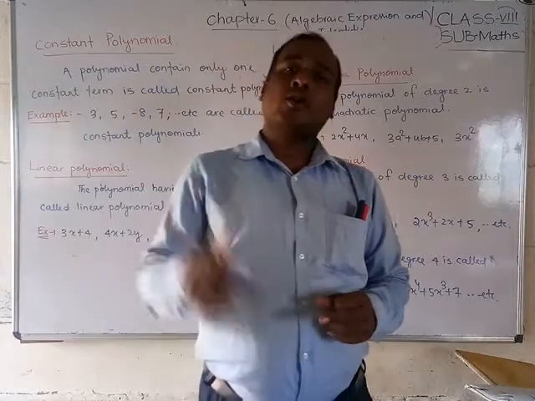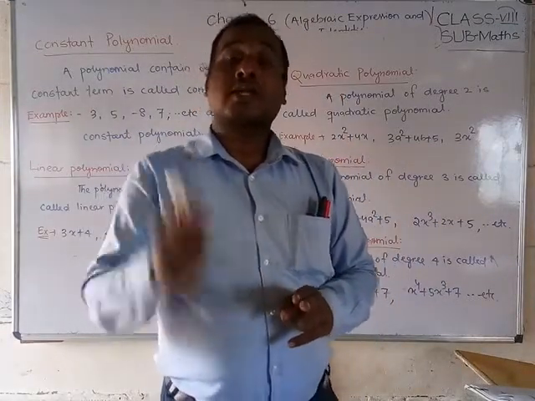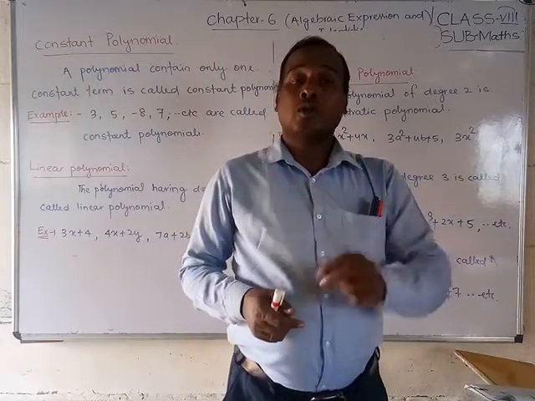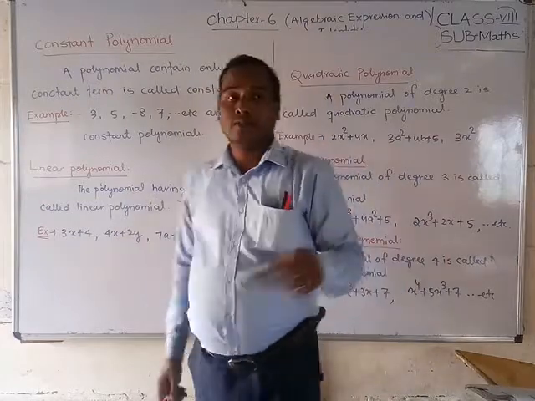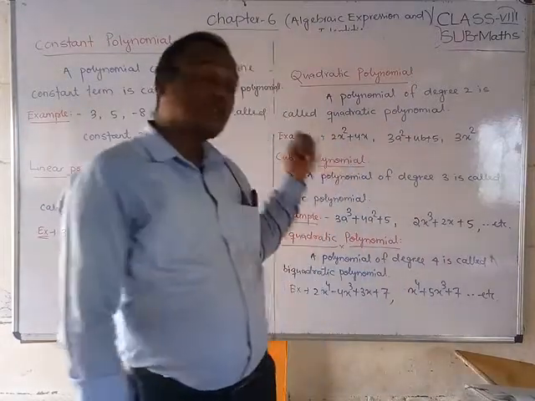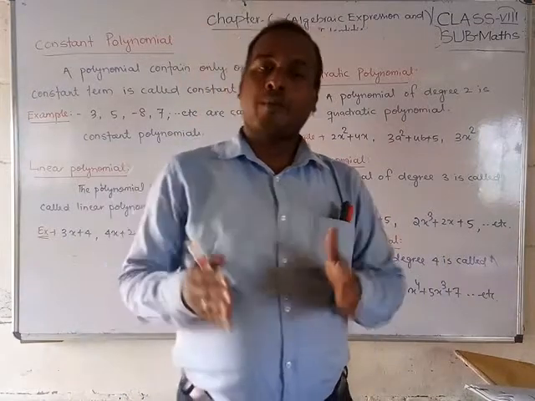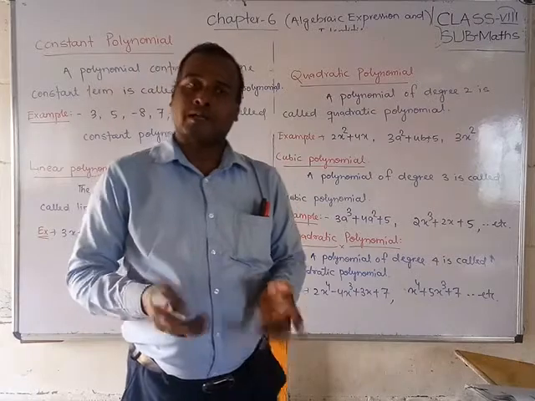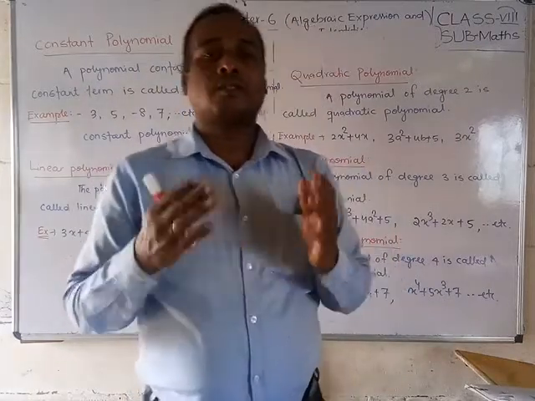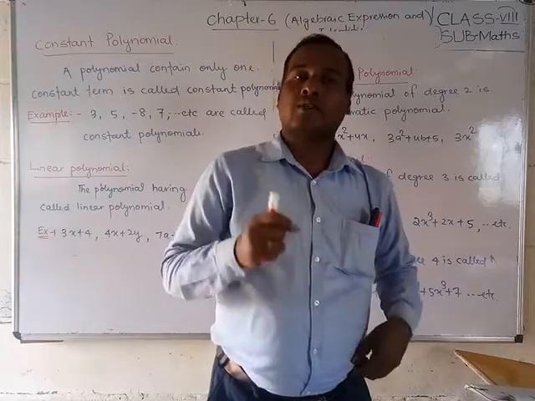Similarly, a polynomial having degree 2 is called a quadratic polynomial. Quad means 2. The third one is the cubic polynomial. Cube means 3, so a polynomial having degree 3 is called a cubic polynomial. And a polynomial having degree 4 is called a biquadratic polynomial.